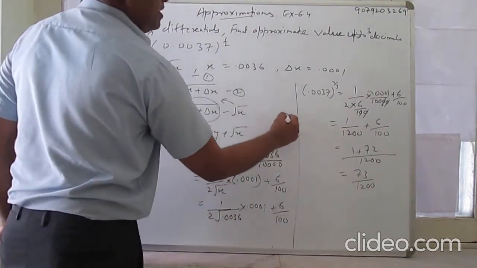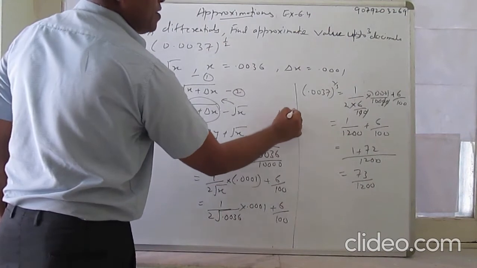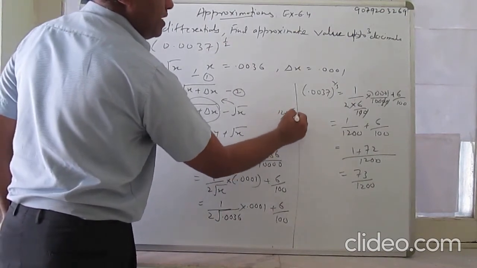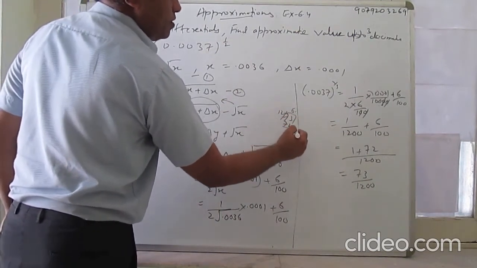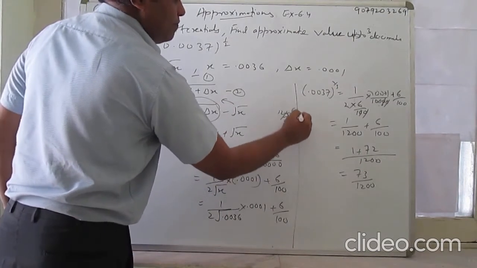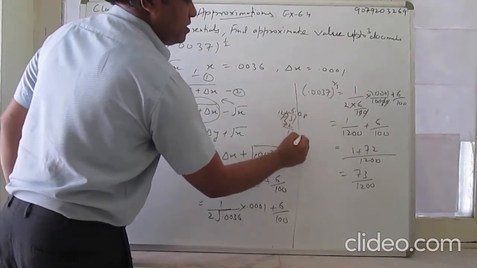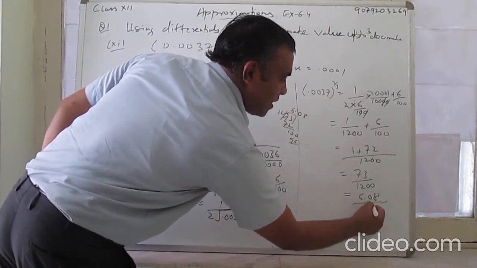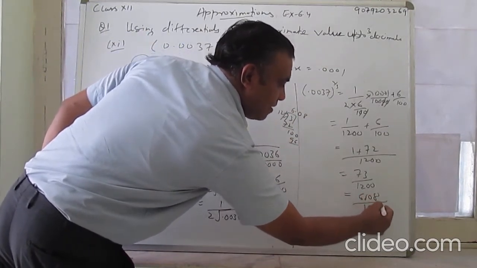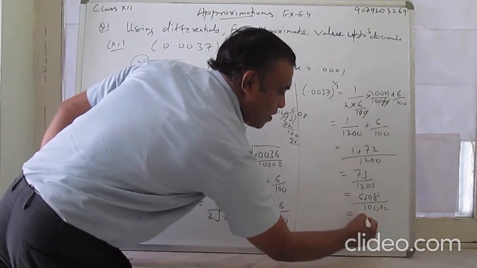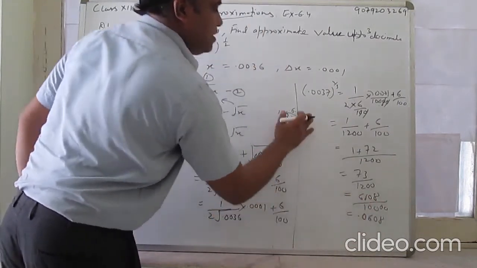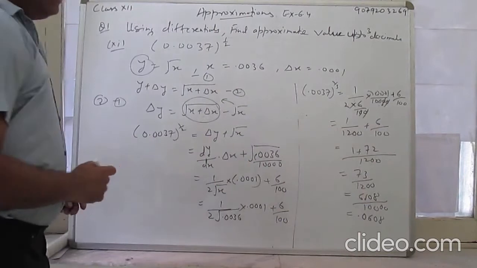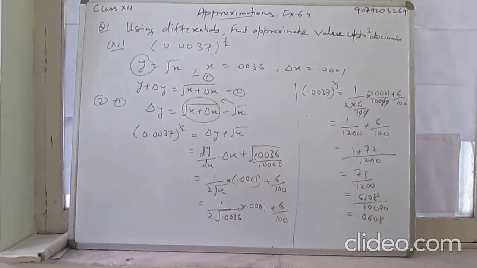Now divide 73 by 12: 12 sixes are 72, 1 remains, then put a 0, 12 eights are 96. It is 6.08 upon 100, so after the point we get 0.0608. 0.0608 is the answer.